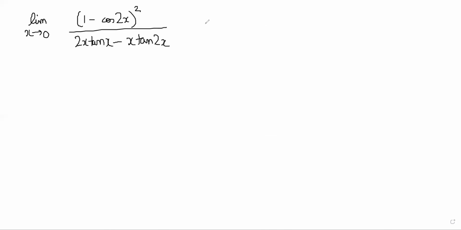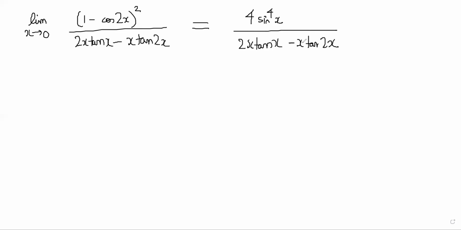I tried to convert it into the known forms of tan x by x and like that. So 1 minus cos 2x will be basically 2 sine square x, right? So it becomes 4 sine power 4 x, divided by 2x tan x minus x tan 2x.